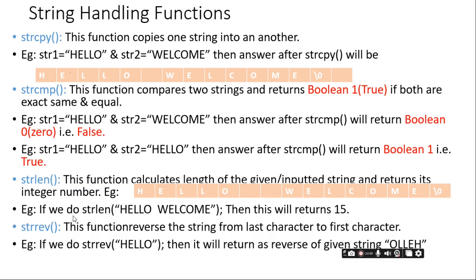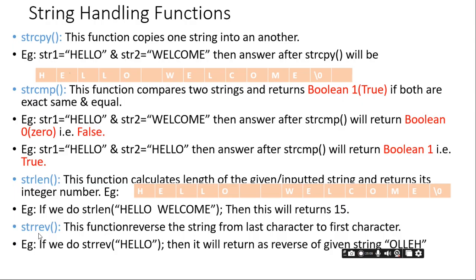If we do strlen on "hello", two spaces, "welcome", where both words are separated with blank spaces and enclosed in double quotes, then this will return 15, an integer, by counting all these letters character by character, 1 byte of memory each.